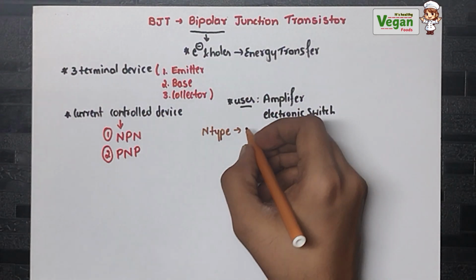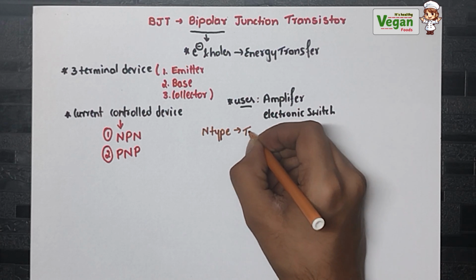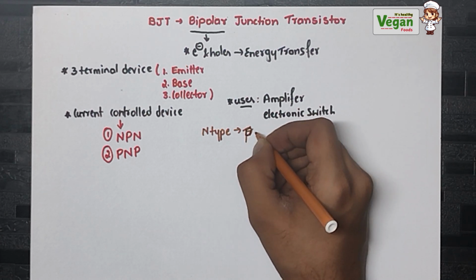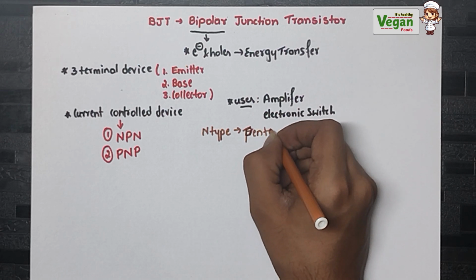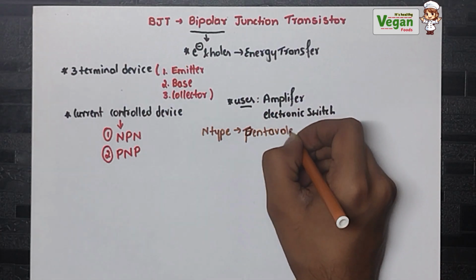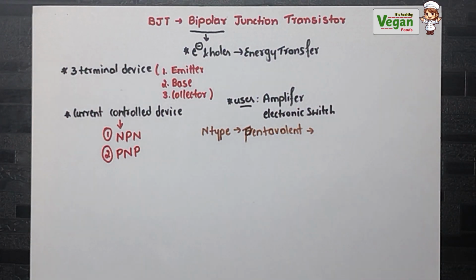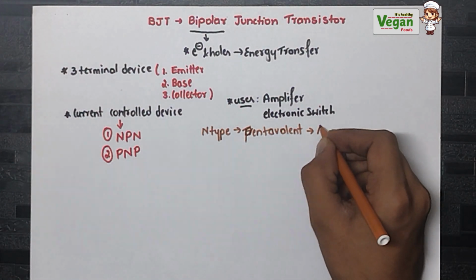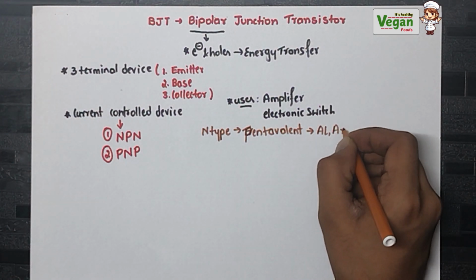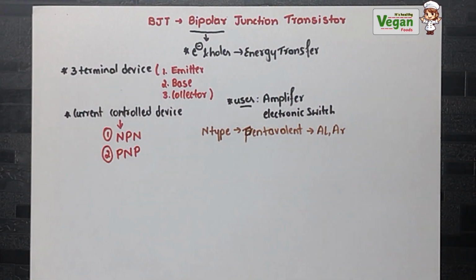In N type semiconductor, we will add pentavalent impurities. Pentavalent impurities means these elements have 5 electrons in their outer shell. For example, aluminium, arsenic, this will be the example for N type.